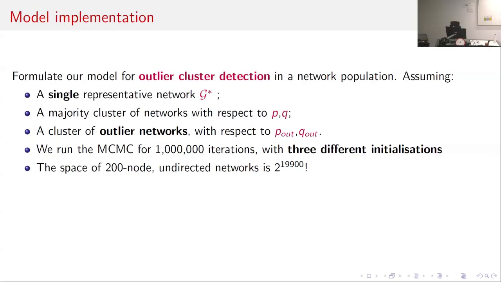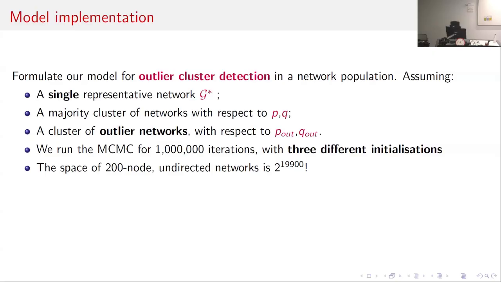So as I mentioned, in this application, we have 200 node networks, and the possible number of networks that we can have is 2 to the power 19,900. So this number corresponds to the possible entries of the adjacency matrix, so the possible edges that we can have.